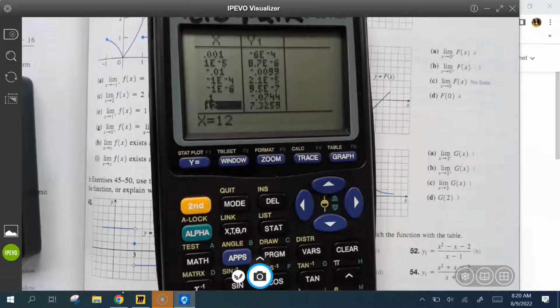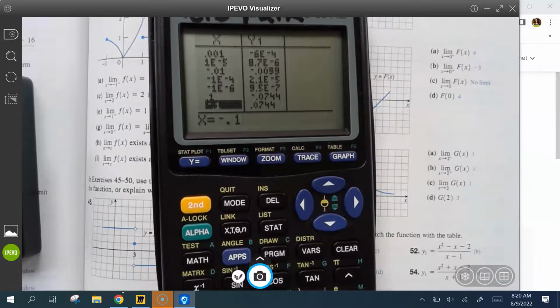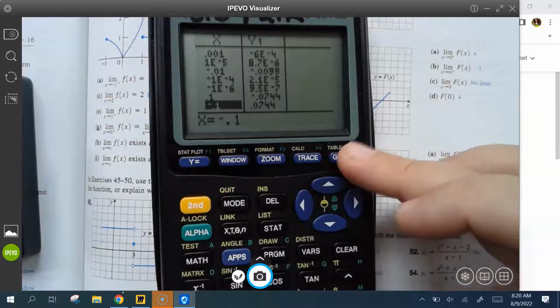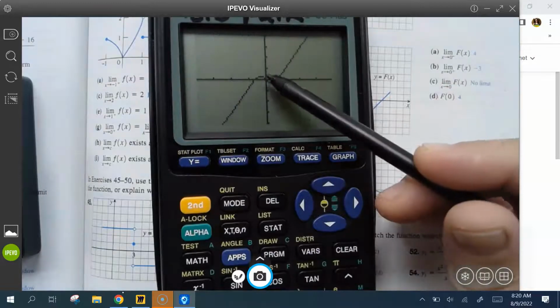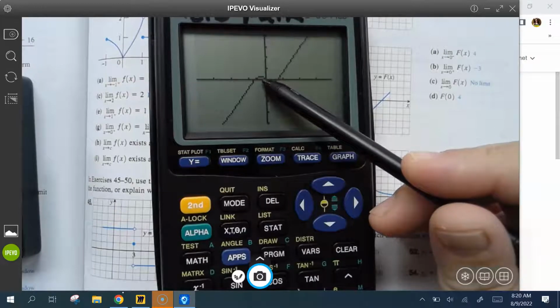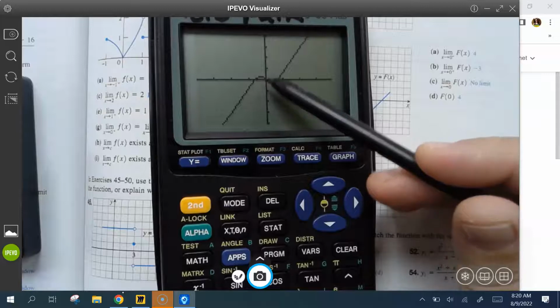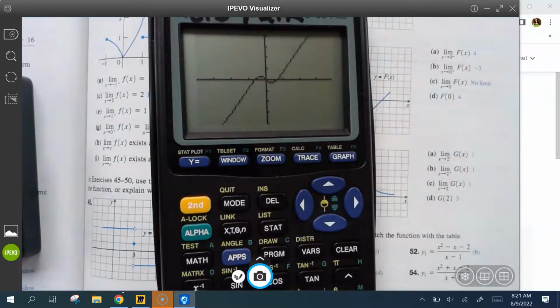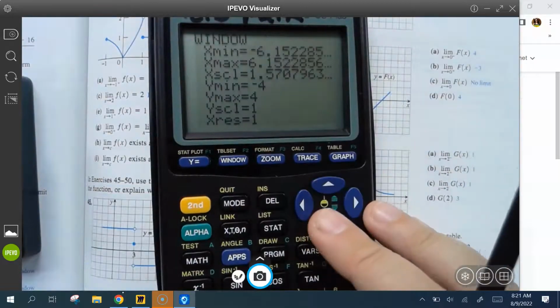It's just approaching from that side. I bet negative 0.1 is positive, yeah. And if you look at the graph as we're getting closer and closer to 0, it looks like the point on the graph is 0, 0, but there's probably a hole there or something. But still, from either way you come closer and closer to zero, the y value is getting closer to zero. Does that make sense?